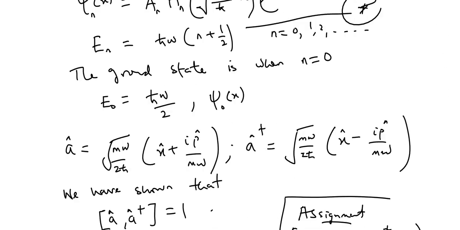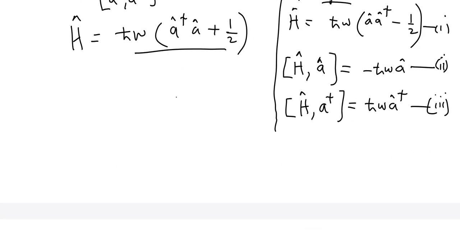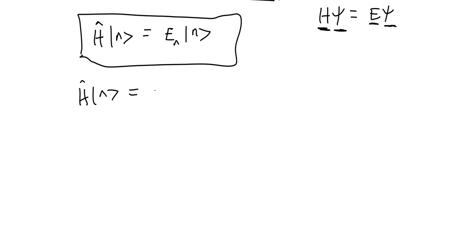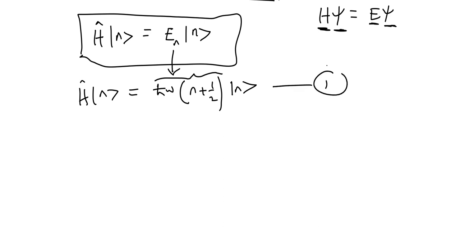Recall that our E_n is ħω(n + 1/2), because E_n is this expression. Let me call this equation 1 for today.